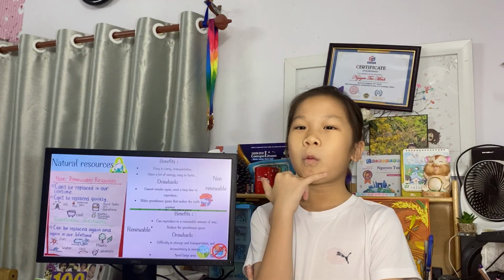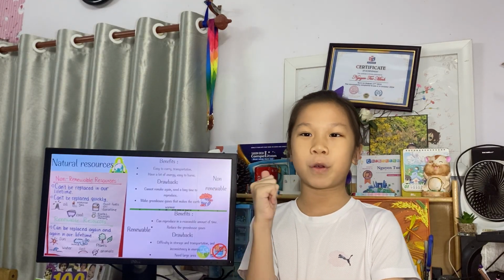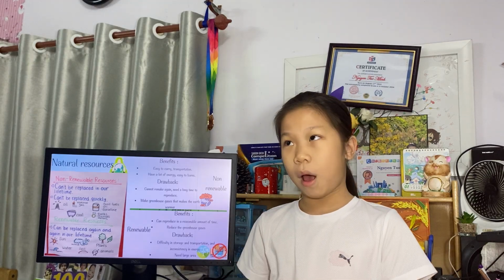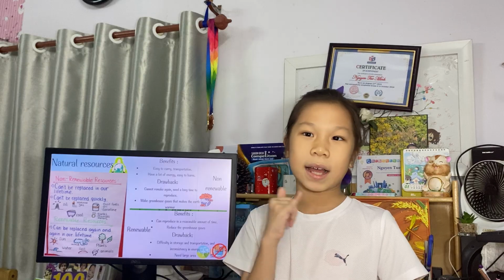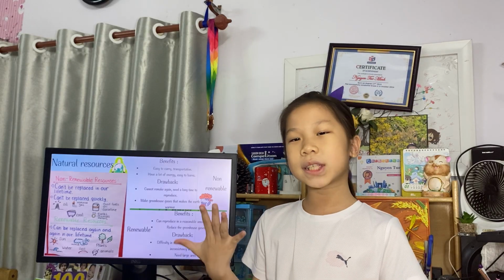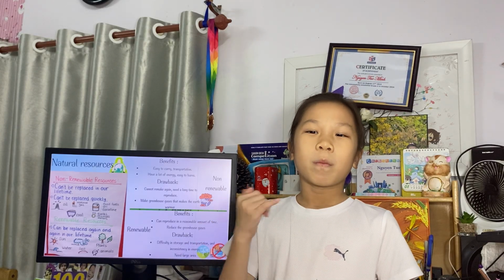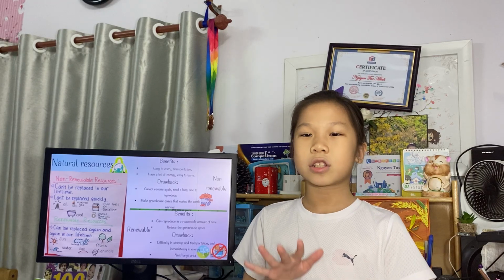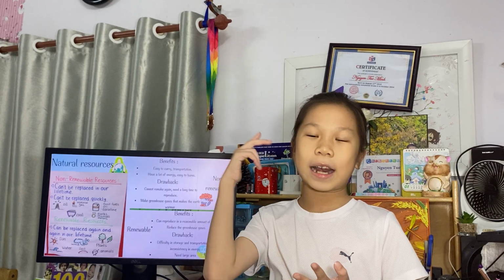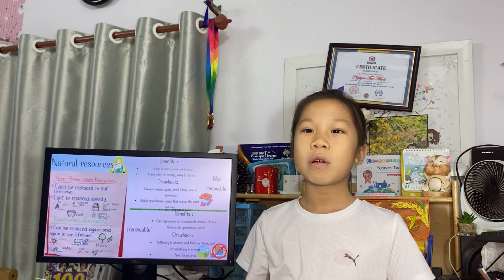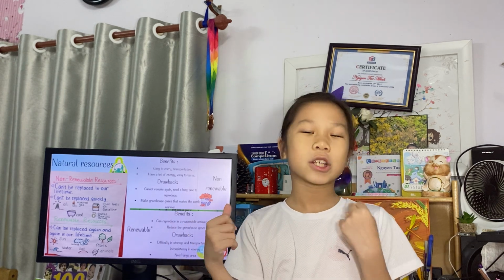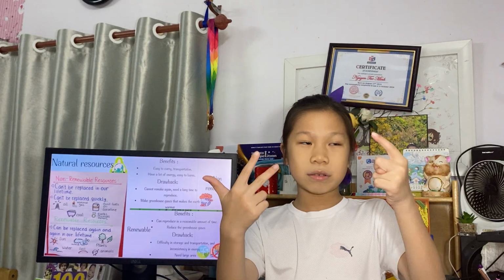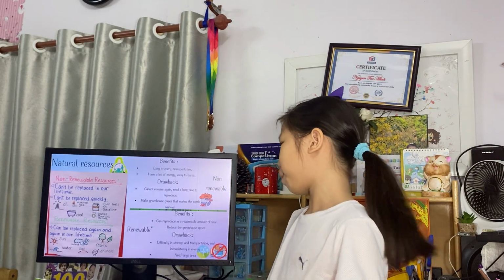And what do we use those resources for? Well, start with the sun. We use the sun to make electricity. People use solar panels to catch the light from the sun and transform it to electricity for houses to use, like the light I have here.